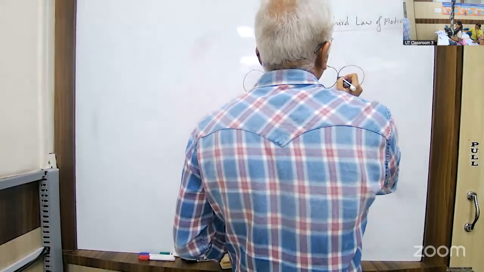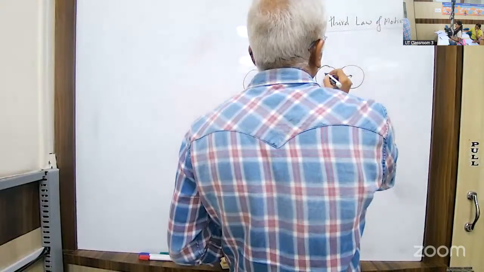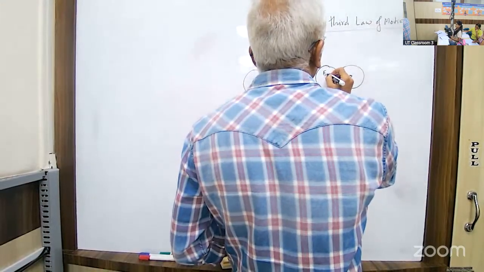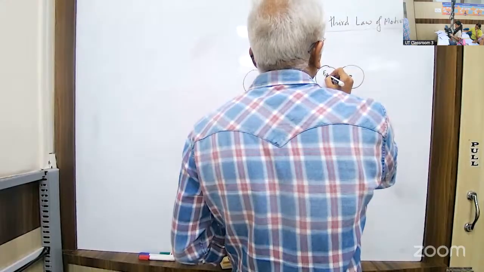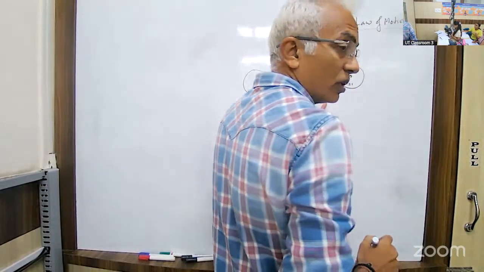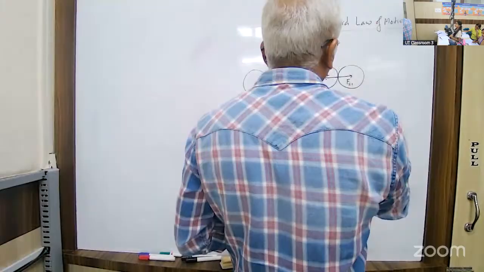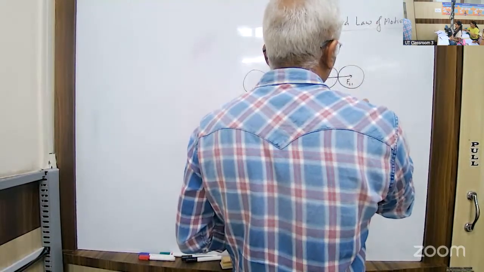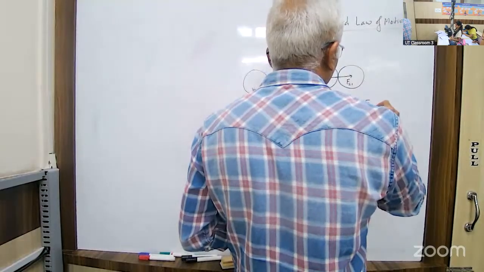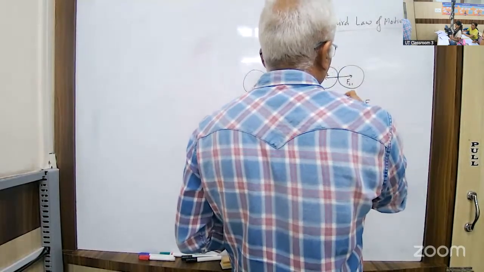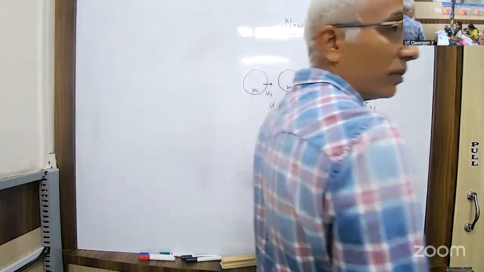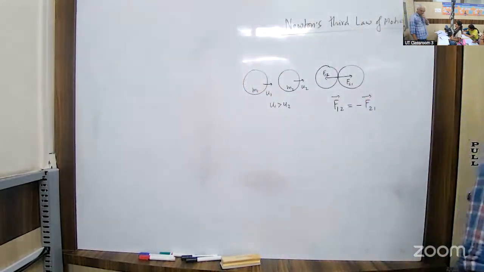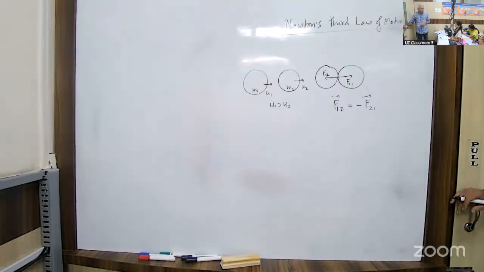And this body experiences force in this direction, force on first body due to second body. So these forces are equal in magnitude. F12 is equal to minus F21. These are vectors. The vector is denoted with an arrow. This is the mathematical form of Newton's third law.